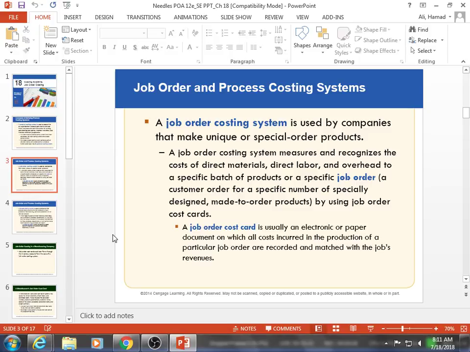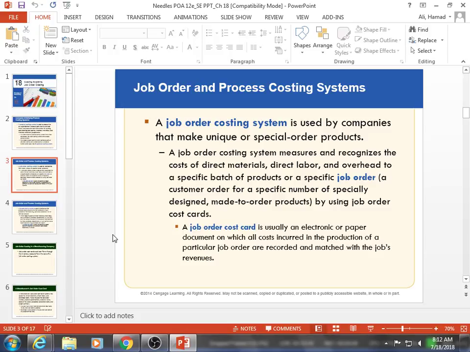If you're making a football field, that's a unique product. It's a job order. If you're building houses, where each house is different, that's also job order costing. They will use job order costing.